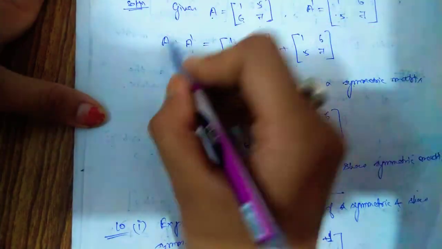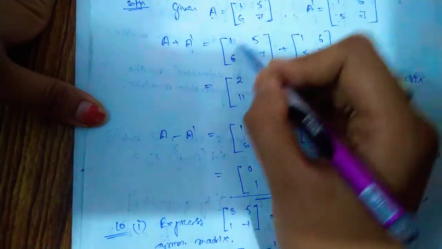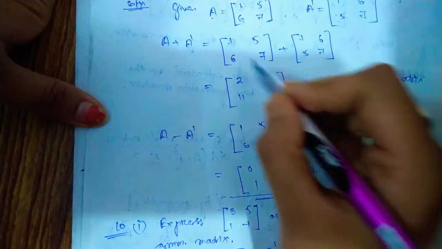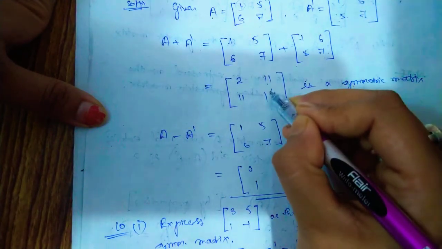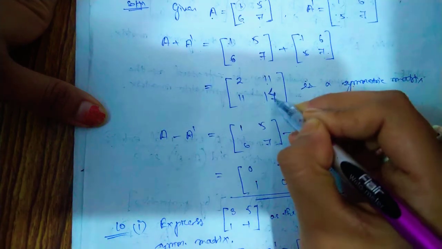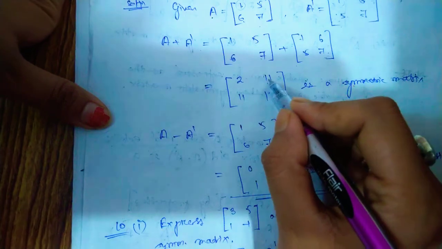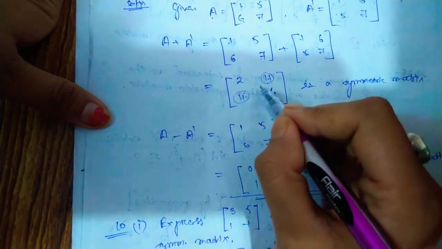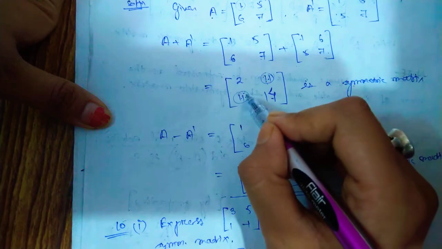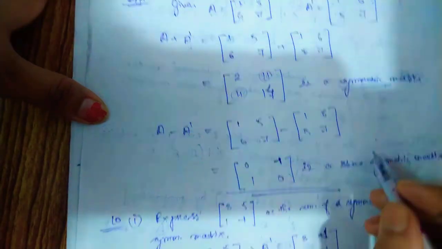Then A plus A transpose: corresponding elements are added, 1 plus 1, 5 plus 6 is 11, 6 plus 5 is 11, 7 plus 7 is 14. Here the two elements 11 and 11 are the same, Aij is the same as Aji, so this is a symmetric matrix.